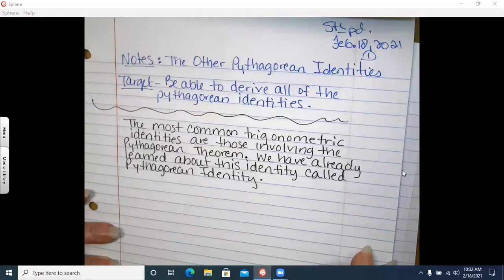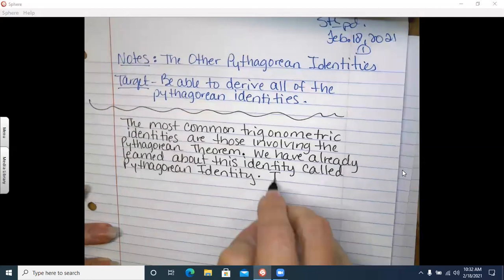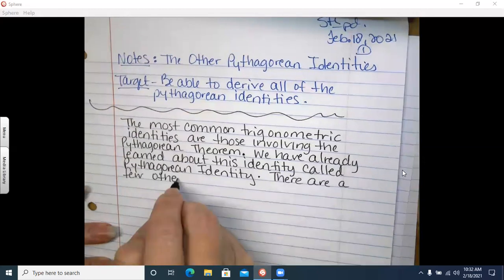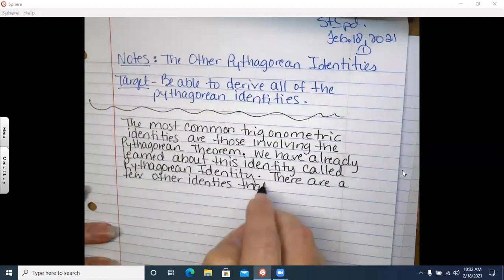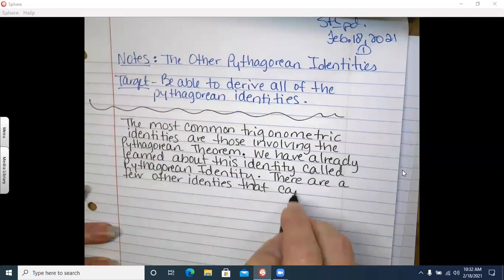There are a few other identities that can be created from the Pythagorean identity.